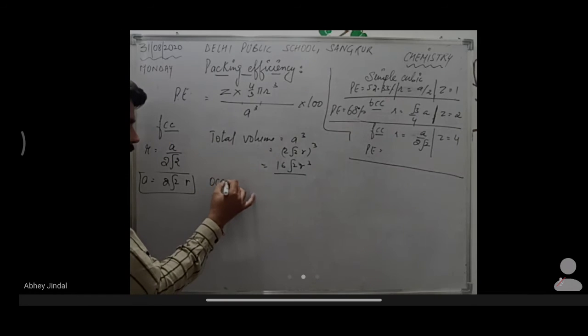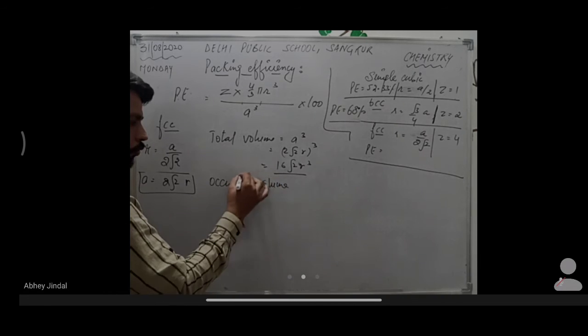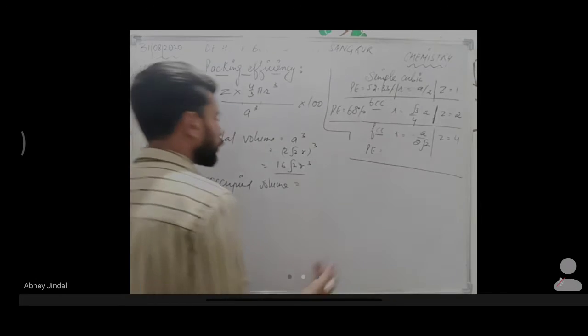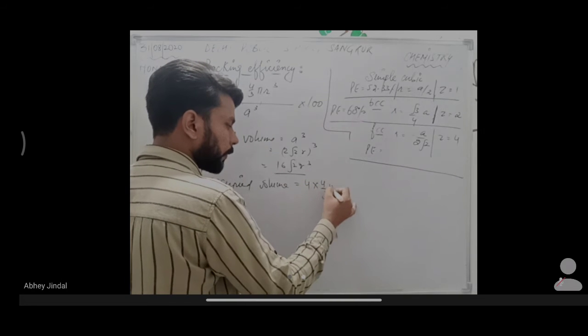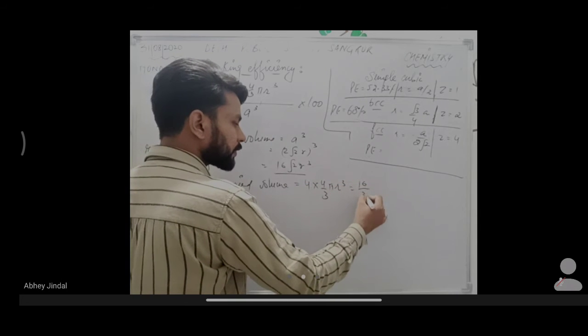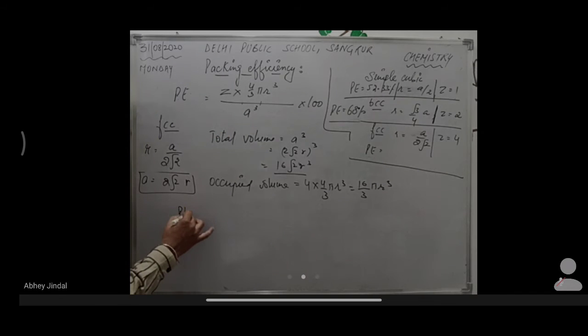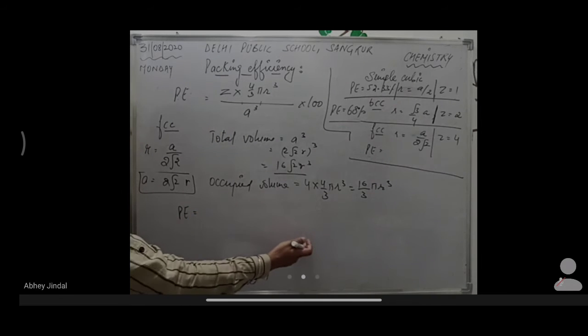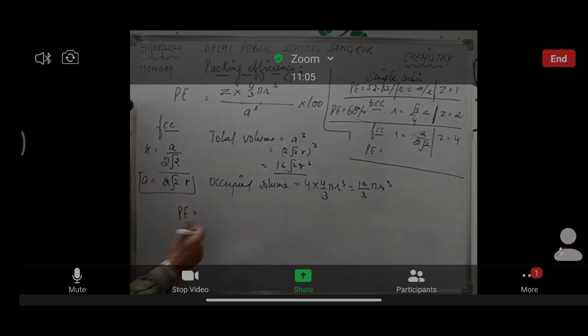So occupied volume: the total number of atoms is 4. So 4 multiplied by 4 by 3 pi r cube, 16 by 3 pi r cube. So the packing efficiency will be, sorry, in the last one we forgot to multiply by 100, so in the last one we have to write the multiply by 100 also.